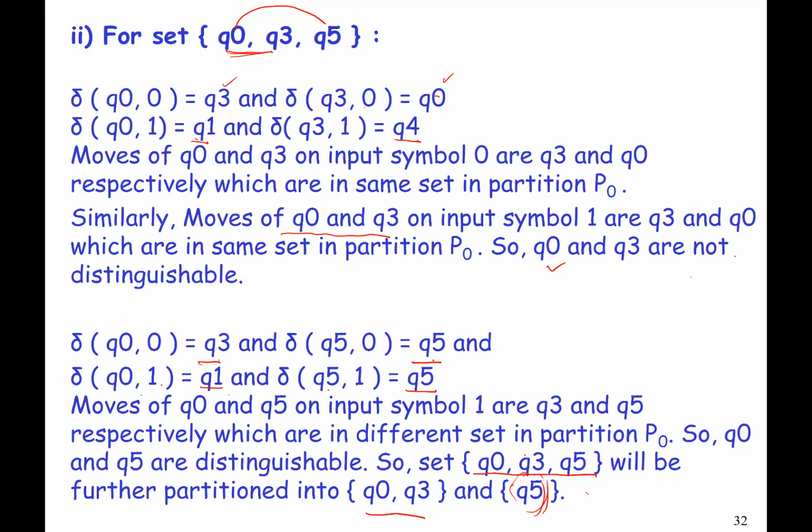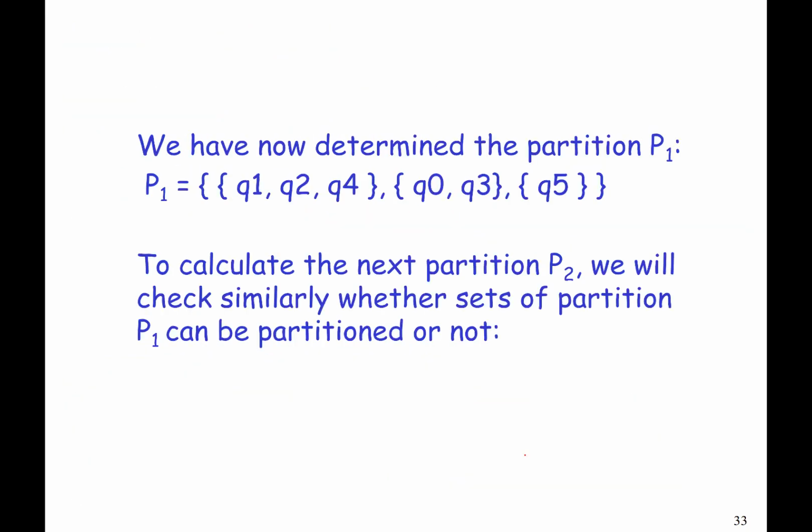So the next partition P1 becomes: Q1, Q2, Q4, Q0, Q3 are equivalent, and Q5 is by itself in the next partition. So P0 had these two in the same group. Now we have broken up into two different groups in the partition P1.